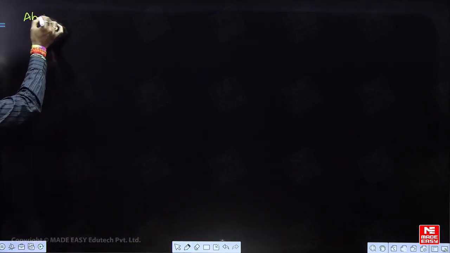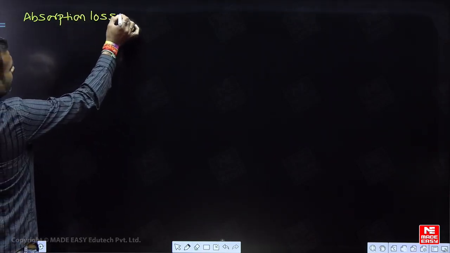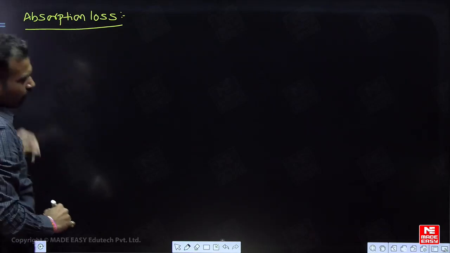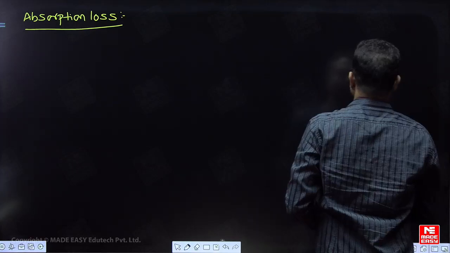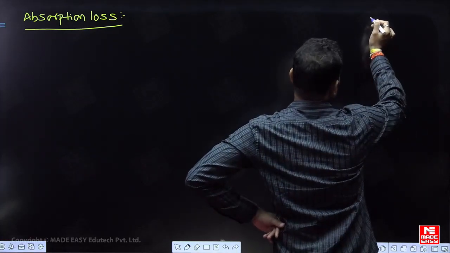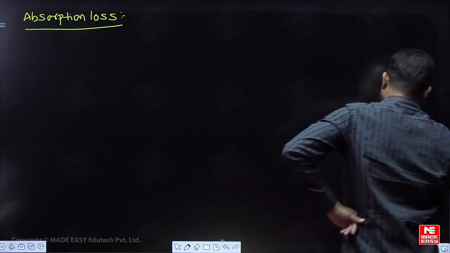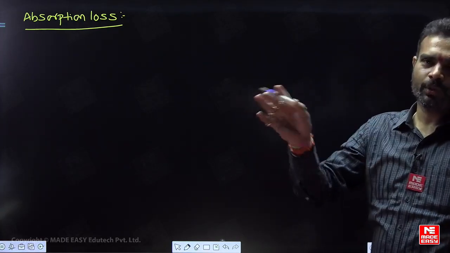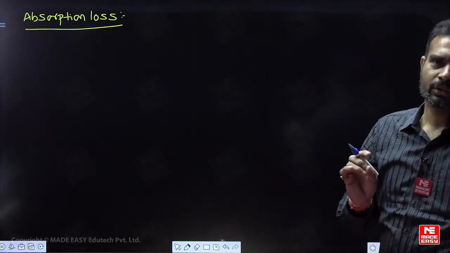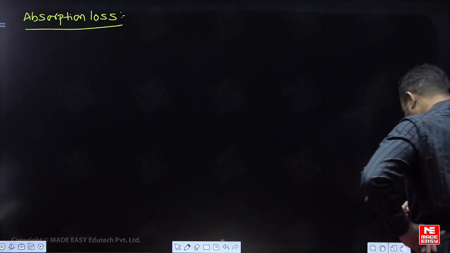If you talk about absorption loss, before explaining it I will tell you two important things. Please see how the fiber is manufactured and how silica is converted into glass, and after that we will use the same concept in explaining absorption loss. Just concentrate for 2 minutes, all of you.